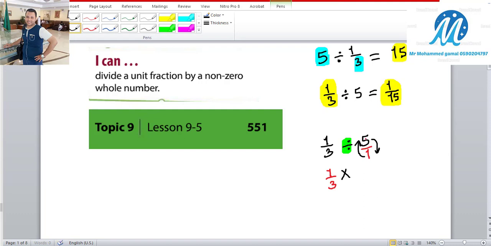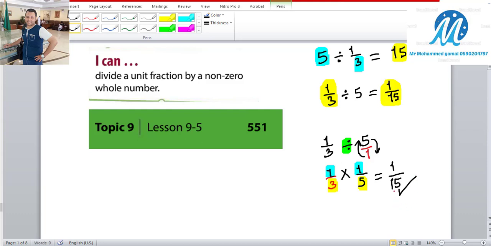So instead of 5 over 1, it's going to be 1 over 5. Now we have numerator times numerator, which is 1, and denominator times denominator, which is 3 times 5 is 15. So the answer is 1 over 15.